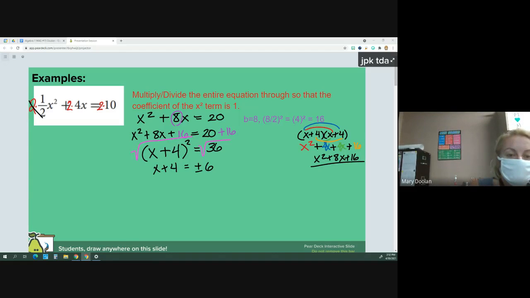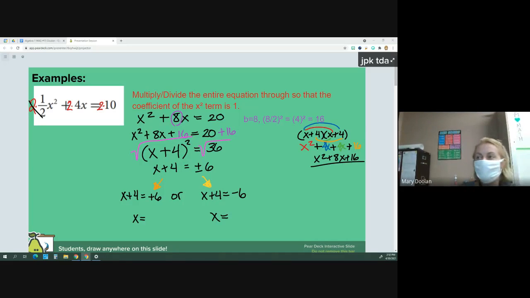Okay, so now we have two equations that are going to get set up from this. Two scenarios. We either have x plus 4 equals positive 6, or x plus 4 equals negative 6. So go ahead and solve those. What is x going to equal on each of them? See if you can finish this.